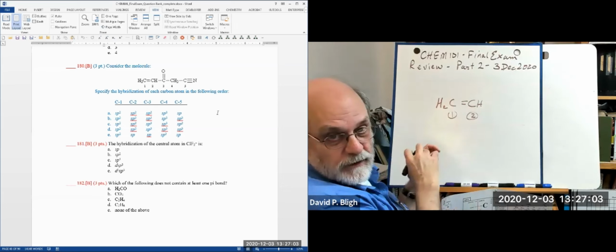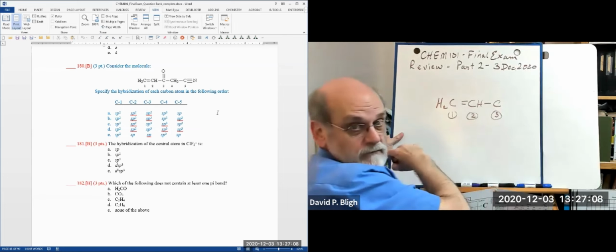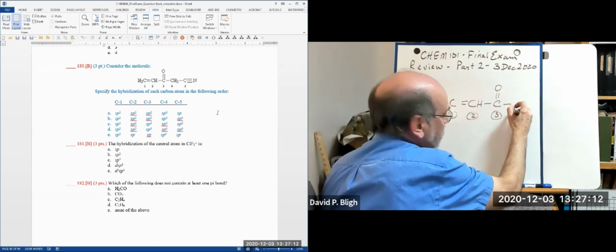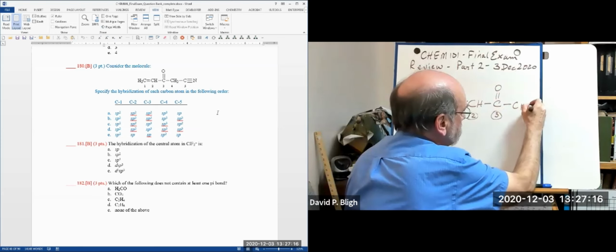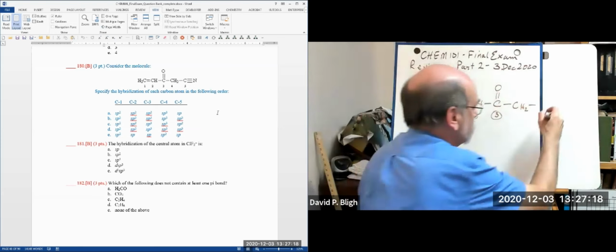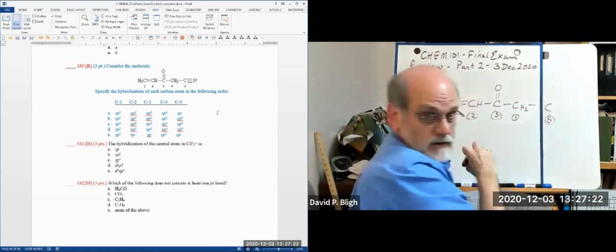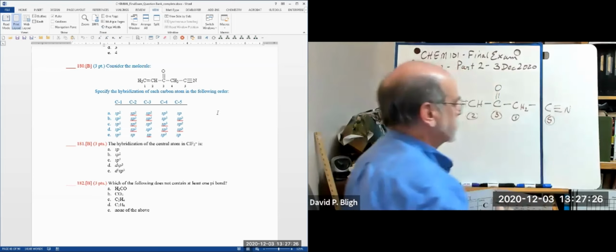There's the second carbon. There's the third carbon, and it has that and this. And then we have the final carbon here, attached to nitrogen.